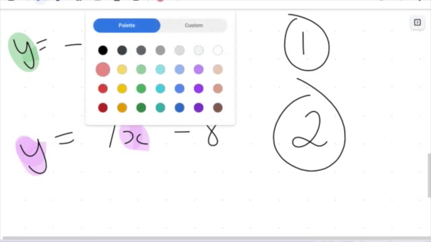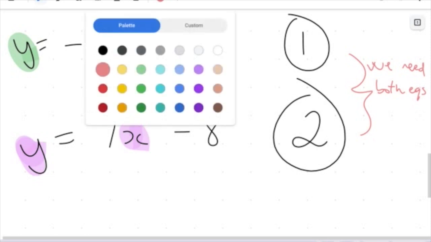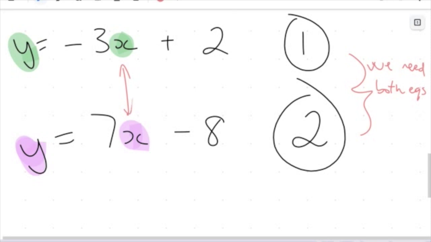We need both here. So we need both equations to solve the value for x and y here. Now, why can we use both? Because these x's are identical.